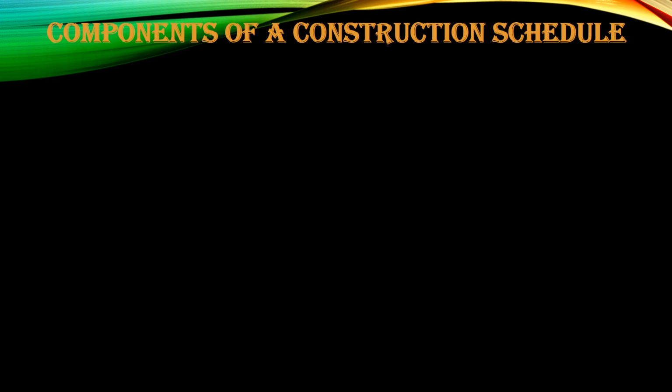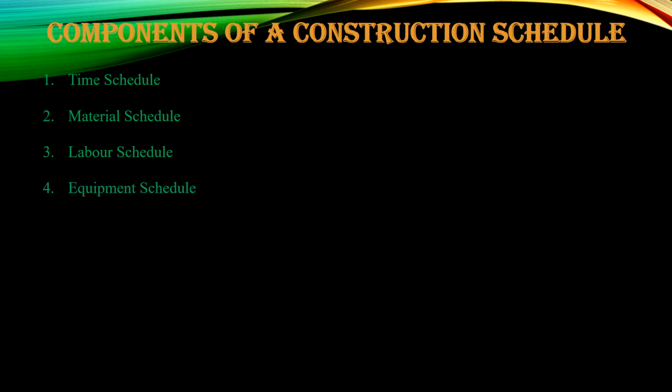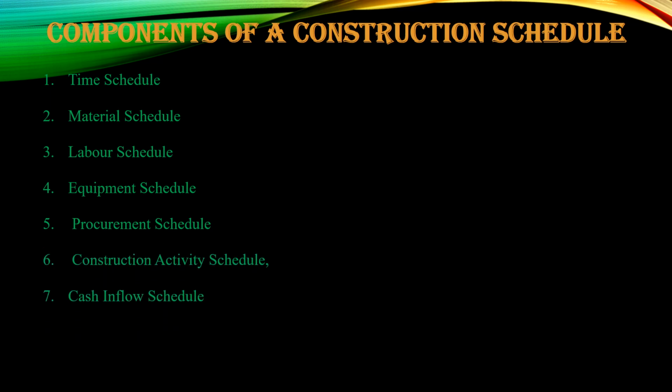Next are the components of a construction schedule, or the classification or the types of construction schedule, which include: first one, time schedule; second one, material schedule; third one, labor schedule; fourth one, equipment schedule; fifth one, procurement schedule; sixth one, construction activity schedule; seventh one, cash inflow schedule; and working capital schedule.